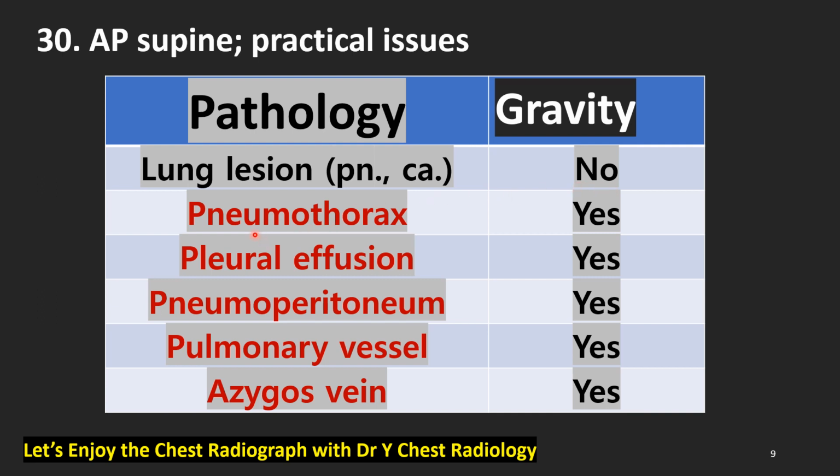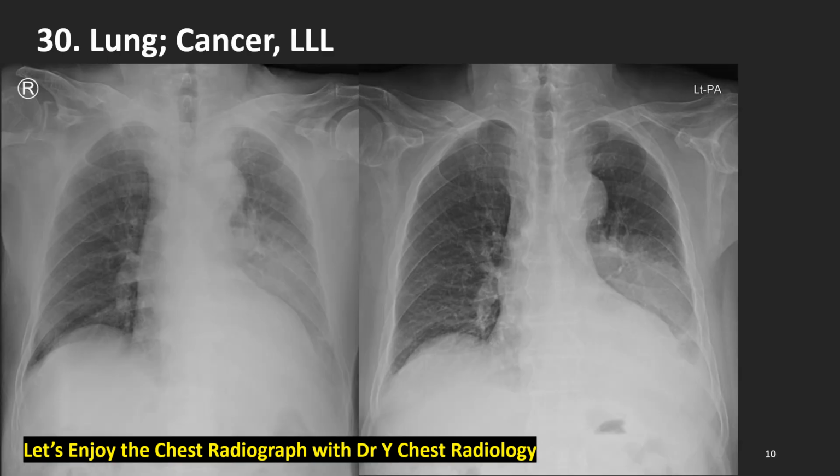But pneumothorax, pleural effusion, pneumoperitoneum, pulmonary vessel size, azygos vein, and lymph node enlargement are affected by the gravity direction. Let's enjoy the real cases of AP supine view with pulmonary lesions, which will not be affected by gravity direction. This is an AP view.